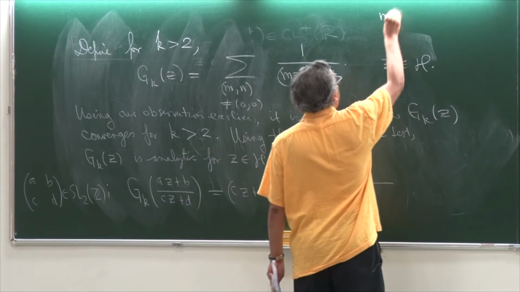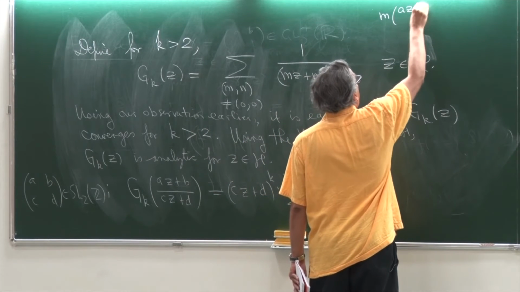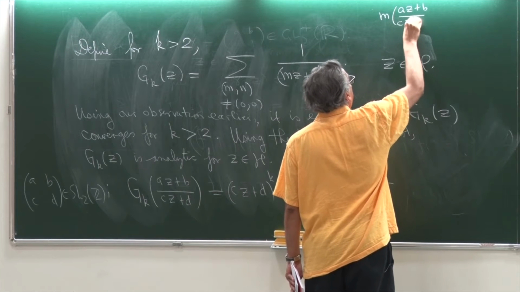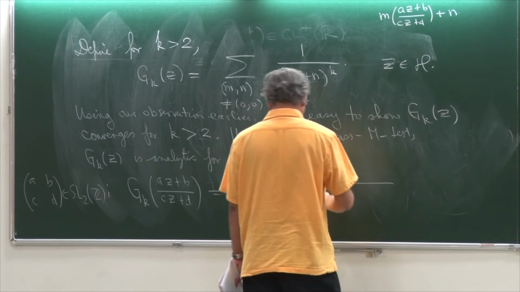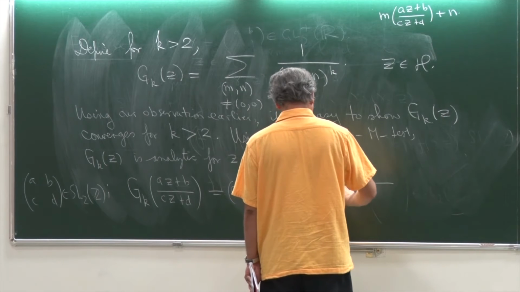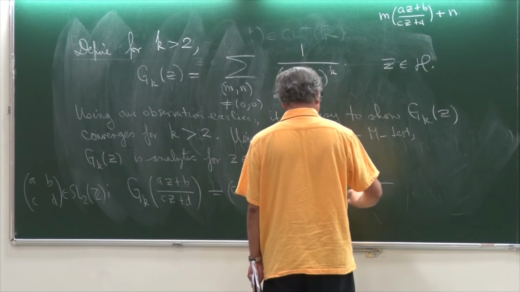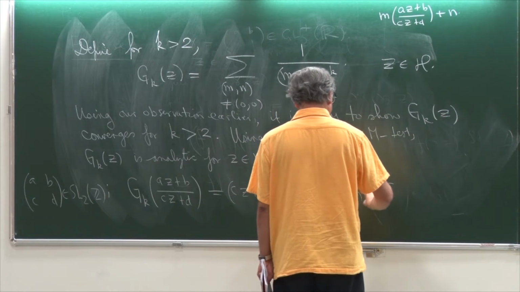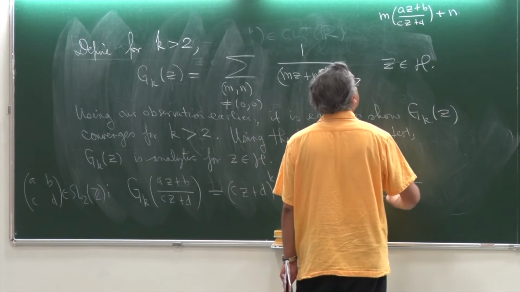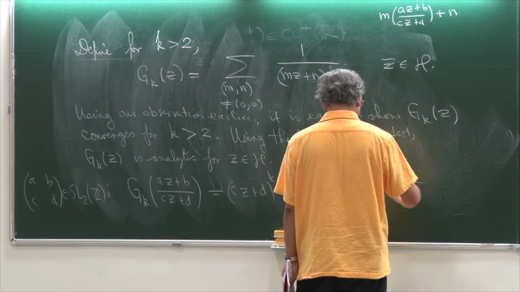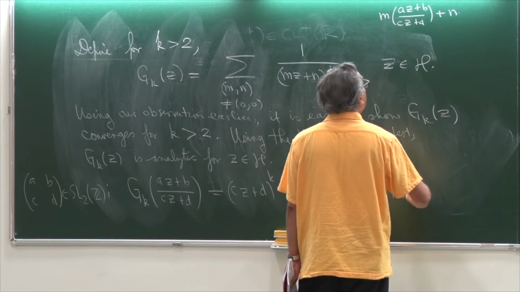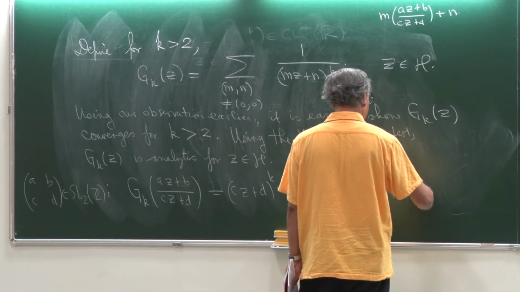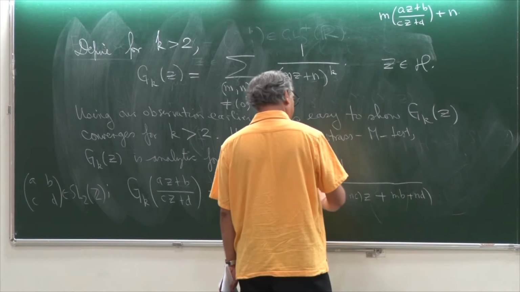So let's just quickly do this. (az plus b) over (cz plus d) plus n. So you end up getting (ma plus nc) z plus (mb plus nd), all to the power k.